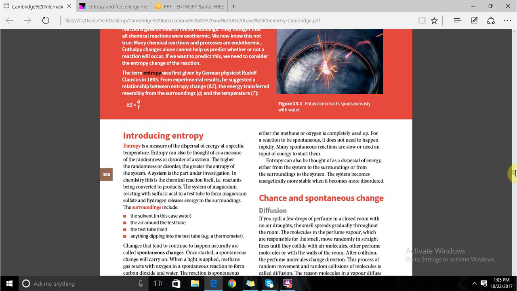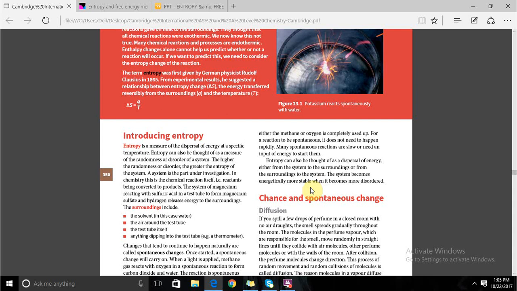And we may have other definitions of entropy. For example, entropy can also be thought of as dispersal of energy, meaning the spreading out of energy is also entropy, either from the system to the surroundings or from the surroundings to the system. Again, this is something important.